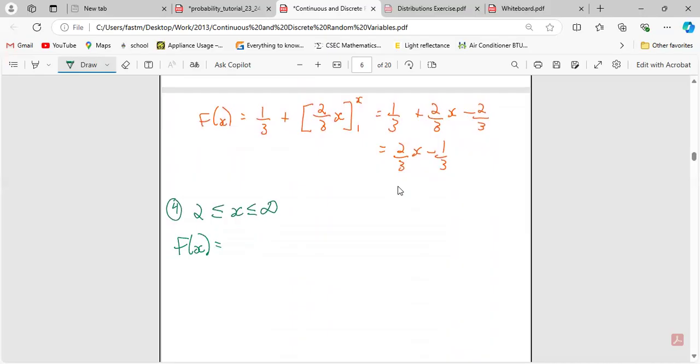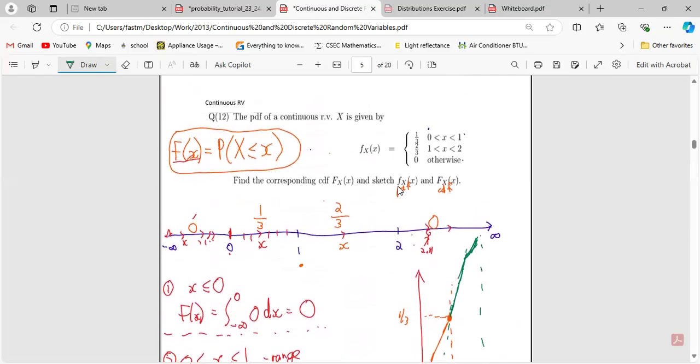So from minus infinity to 0, the probability was 0, plus the probability from 0 to 1, which is a third, and then plus the area from 1 to 2, which is 2/3, and then plus the area from 2 to positive infinity, which is 0. And that's what we have in our line.